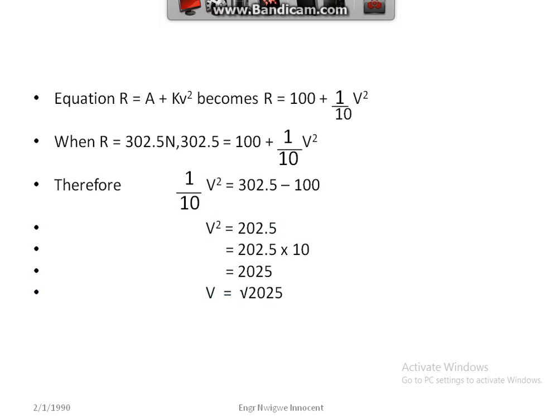Therefore, V will become the square root of 2025, which is 45. Therefore, V is equal to 45 km per hour.